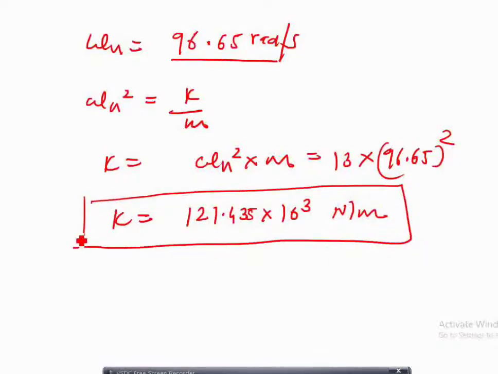So you can write the statement as: the stiffness of an isolator for at least 65% isolation should be equal to 121.435 into 10 raised to 3. This is how we have to solve this problem.